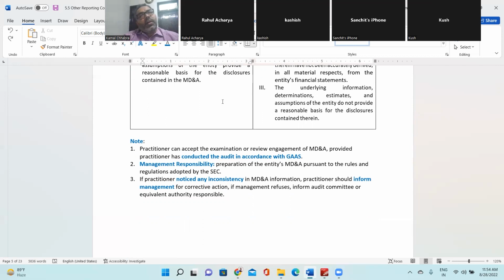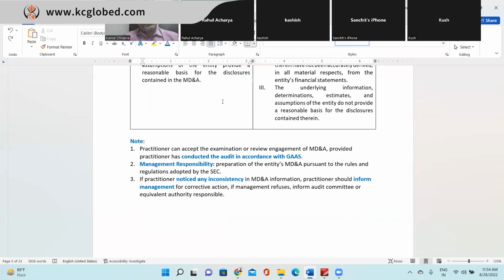If you are not the main auditor of the financial statements, then you cannot accept such an engagement. Second is management responsibility. Preparation of the entity's MDA presented per the rules and regulations of the SEC is the responsibility of management. Preparation of the MDA in line with the rules of the SEC, right?